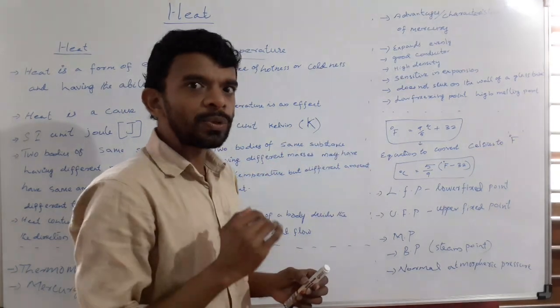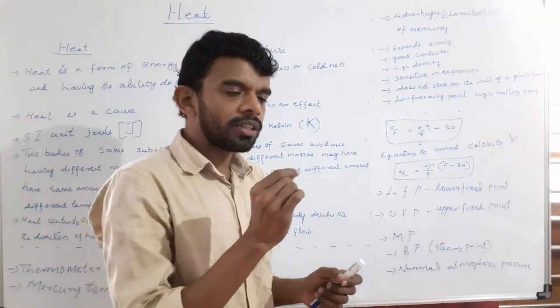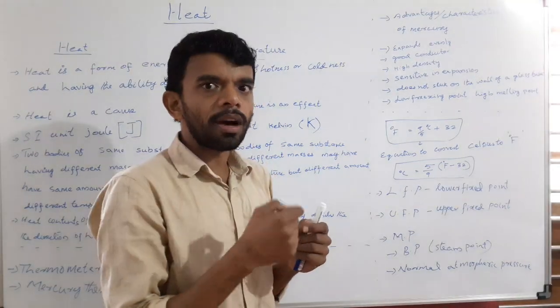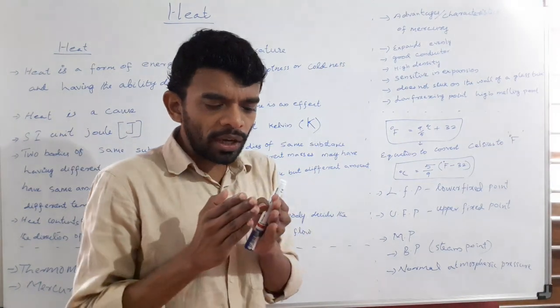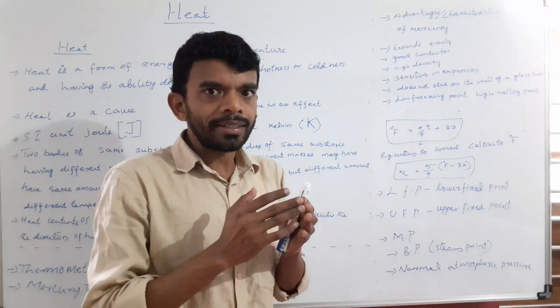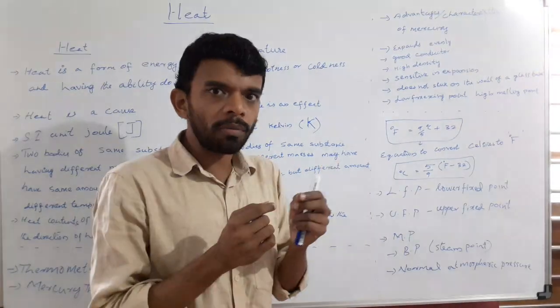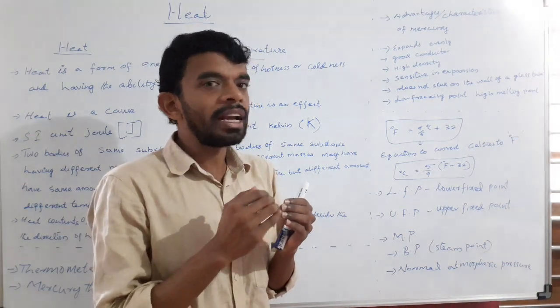Evenly meaning uniformly. For example, from 30 degree to 31 degree, the expansion will be the same as from 40 degree to 41 degree. So it expands uniformly. When heat increases, the expansion will increase uniformly, not in an uneven manner.